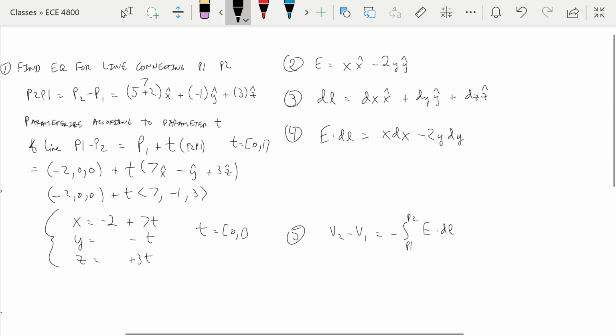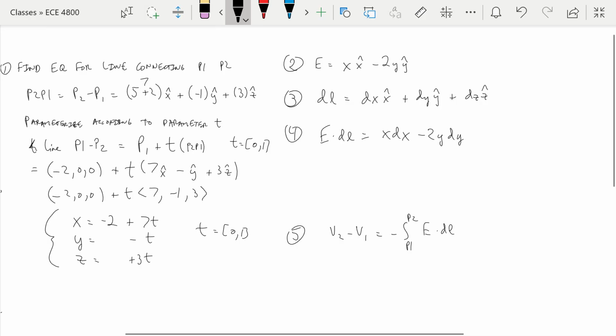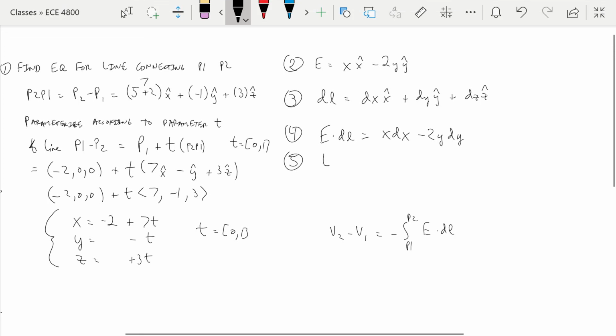This integral we have to do in terms of t, and the limits of integration for t are going to be from 0 to 1. I skipped ahead here, that's actually step 6, so the limits of integration are t going from 0 to 1.